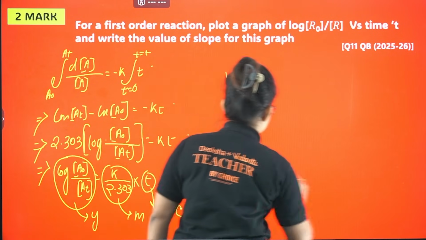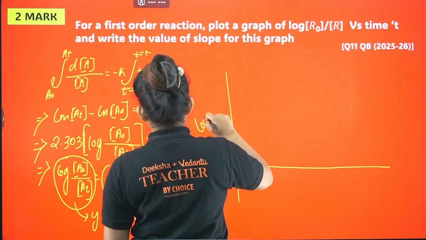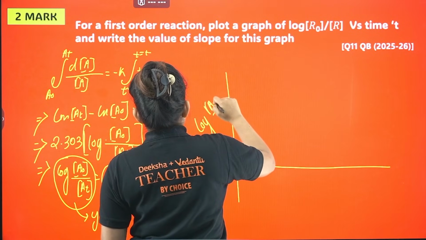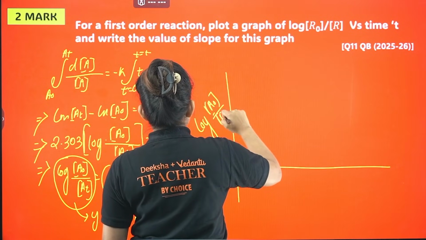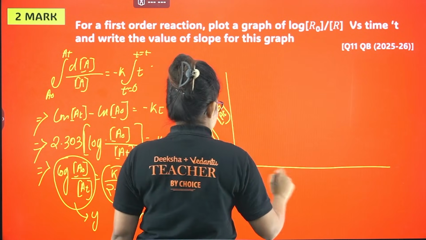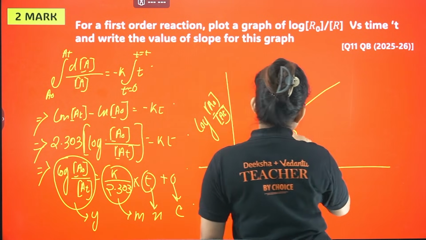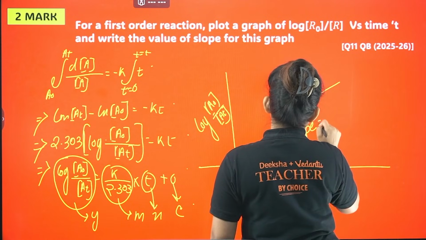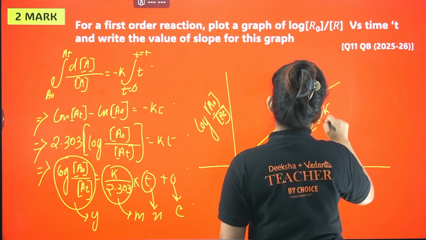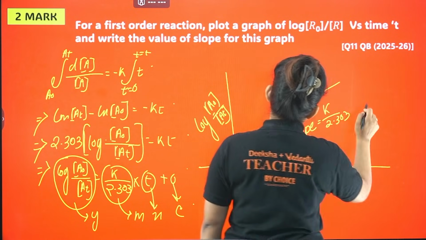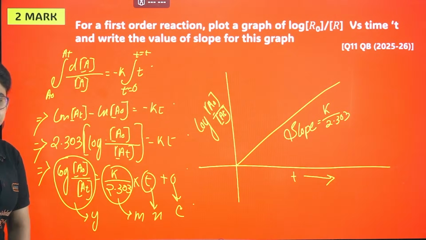So let's plot the graph. So I am having log A naught by At at the y-axis, and t at the x-axis. It will pass through origin, and the slope value you can write from the equation itself, that is k by 2.303. I guess this is clear to you.